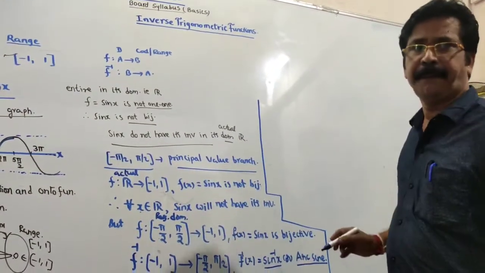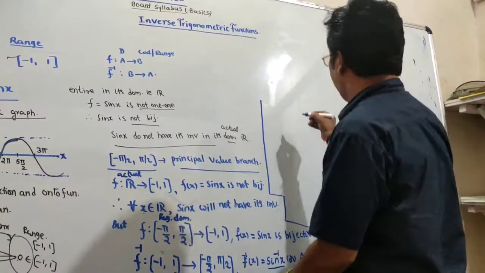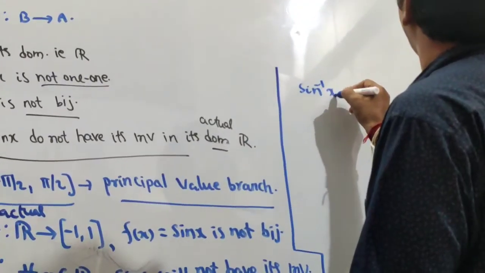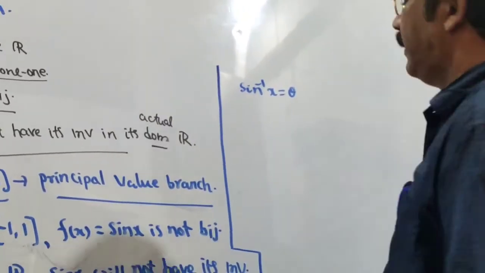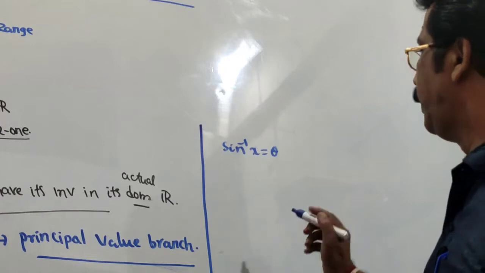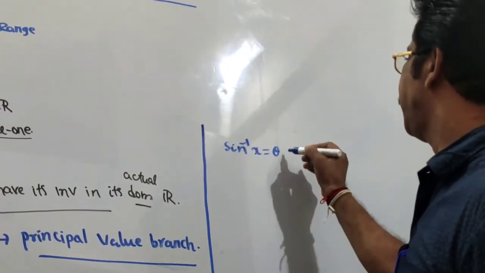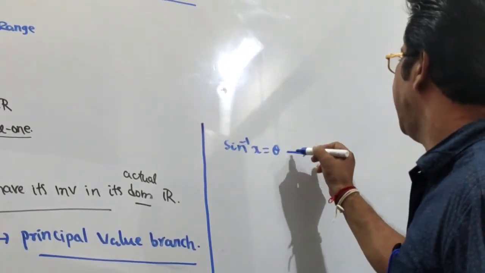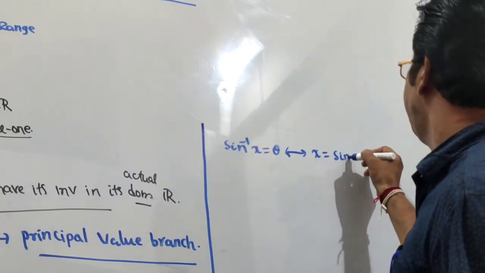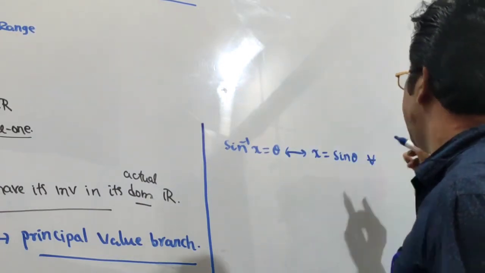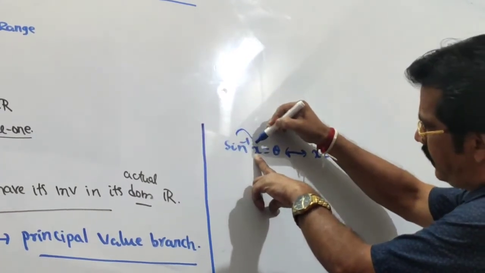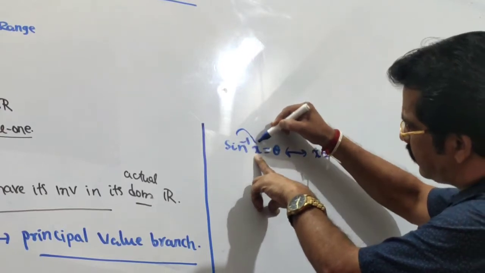Next, if sine inverse x is equal to theta, some most important points regarding sine inverse x. If sine inverse of x is equal to theta, then this implies x is equal to sine theta, subject to the condition x belongs to the domain of sine inverse x.